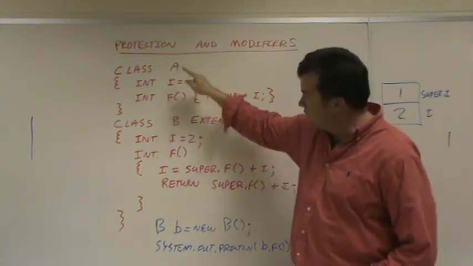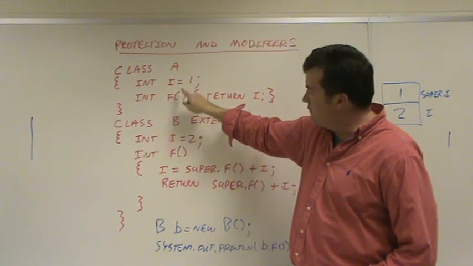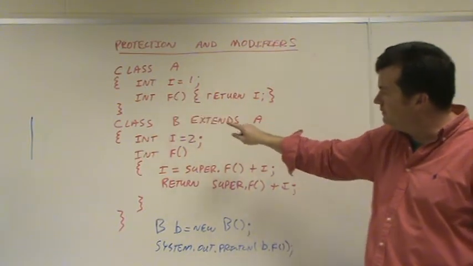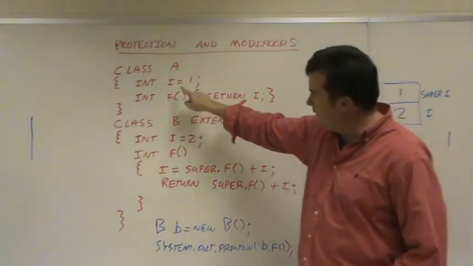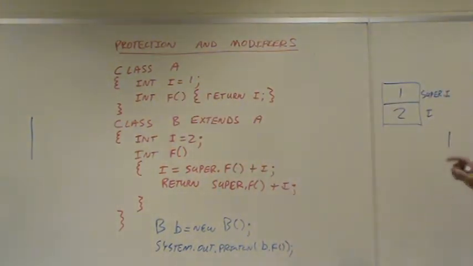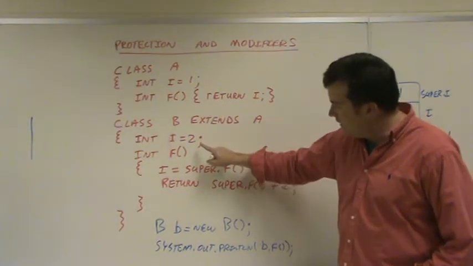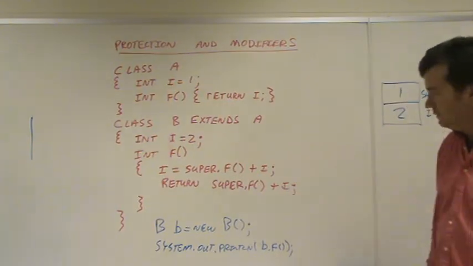The super I, its constructor ran. The super I is set to 1. So when it was created, the object was initialized to 1. And then we have another I, our own personal I, which is set to 2.